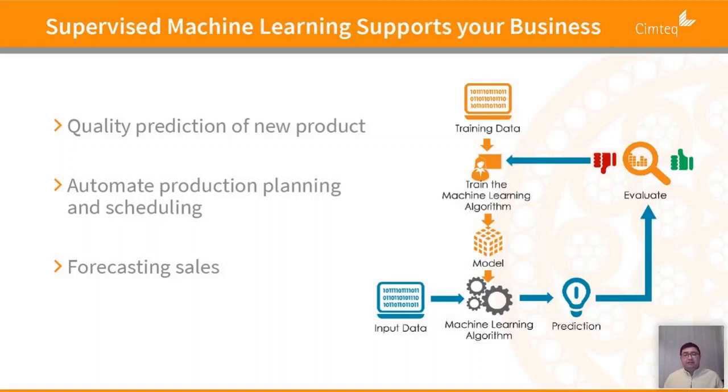So instead of buying APS software, I think using machine learning to learn how to plan your shop floor production, based on your previous existing data, is more useful. And I can see a lot of cases, not in the cable industry at the moment, but in other industries, using machine learning skills to help them make plans.